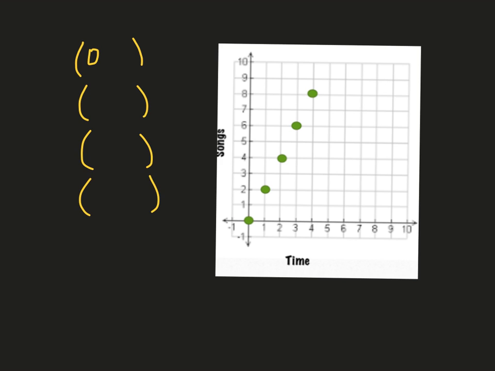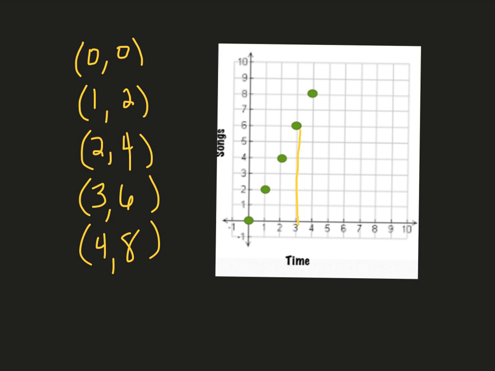So we have 0, 0, and then the second one was 1, 2, and then my third ordered pair was 2, 4, and then 3, 6, and then 4, 8. So when I plot all these, you can see that this would indeed make a straight line if my dots were straight, but cut me some slack here.